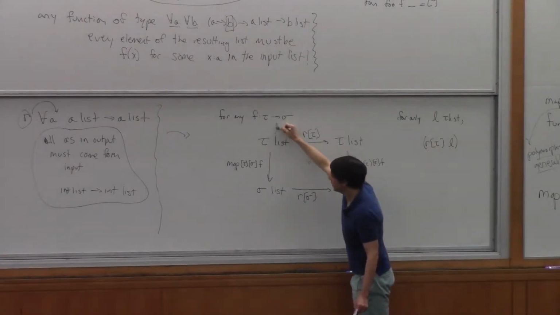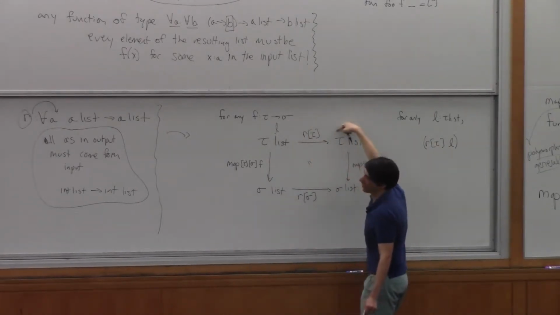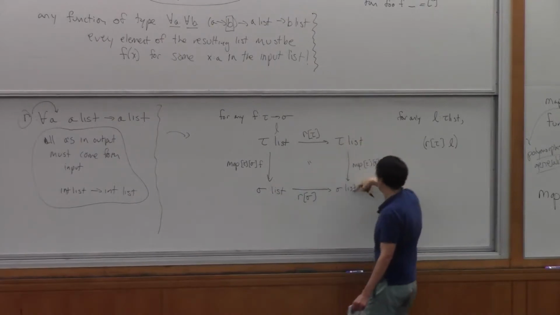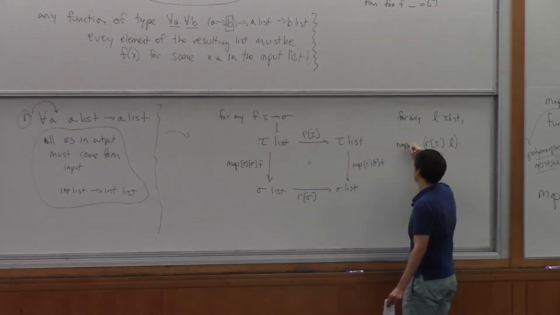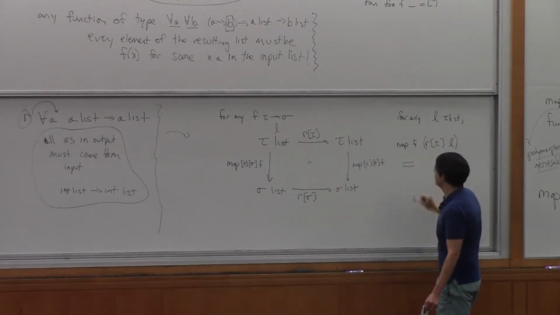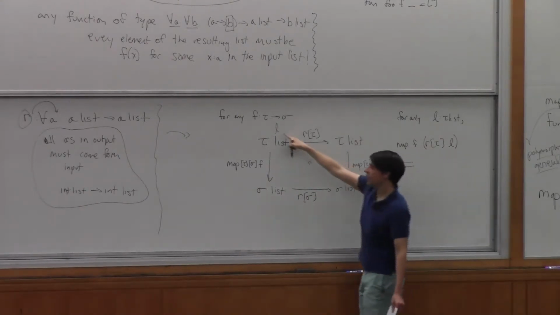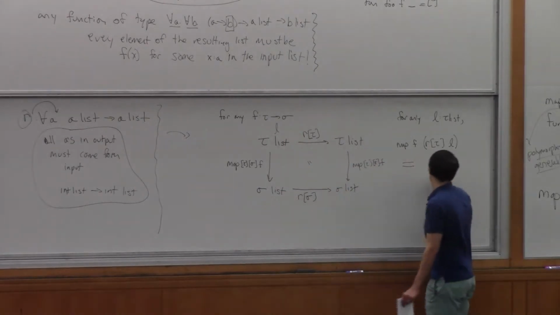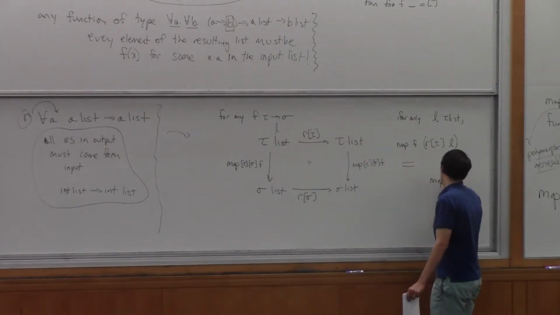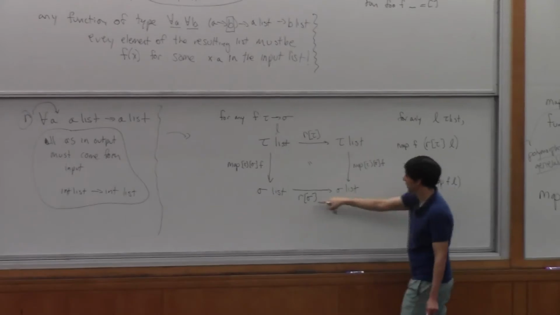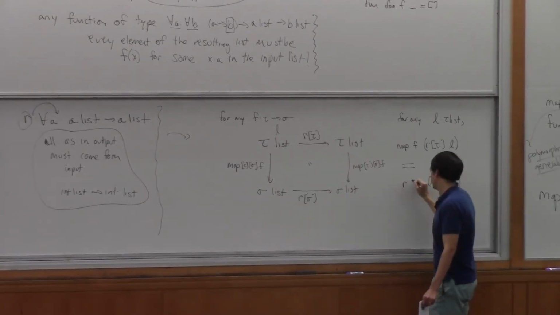So if I start with an L there, send it along that, and then send it along that, is the same as if I start with my L, send it along F, and then do R.